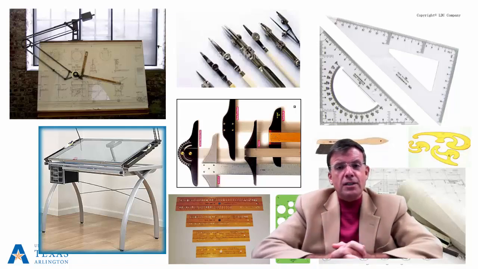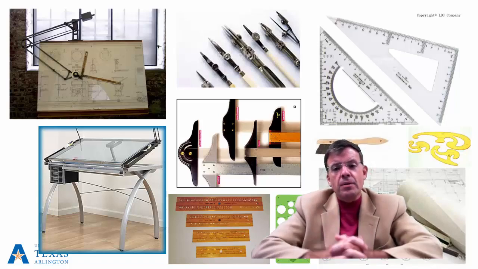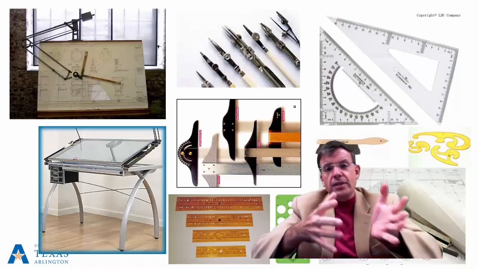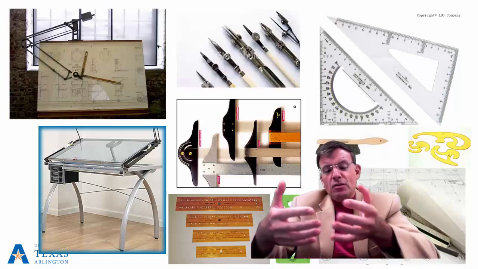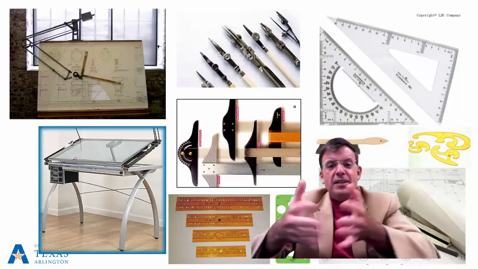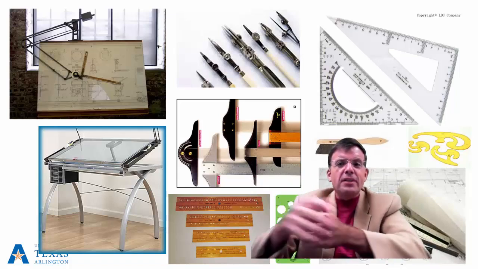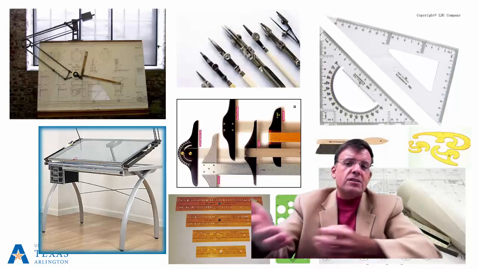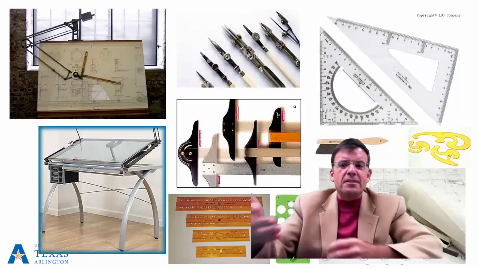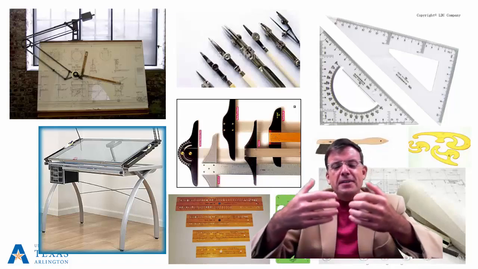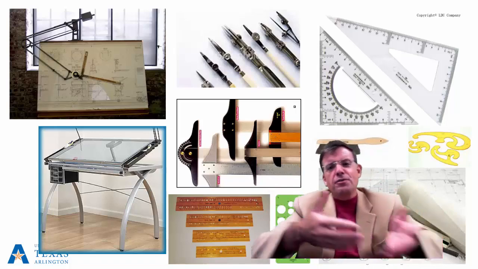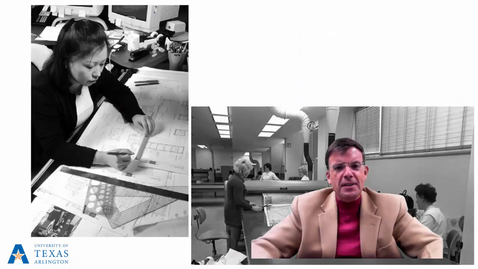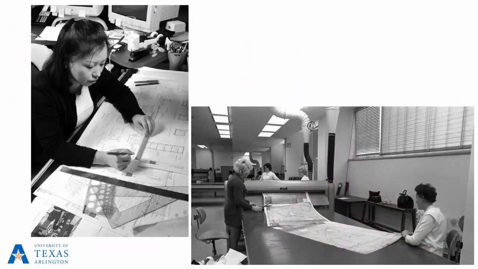There you see some typical drafting boards and typical instrumentation that you would need: all manner of pencils, different hardness of the leads and softness of the leads, erasers, even electrical erasers, eraser shields, triangles, scales, French curves, different templates for circles, for ellipses, even for lettering. Very, very interesting. That used to be one of the things you needed to do: be a good letterer.